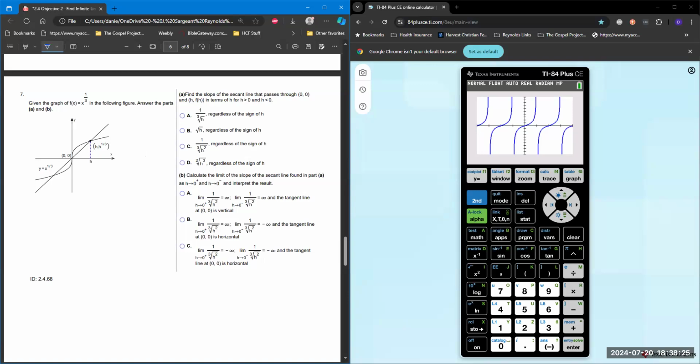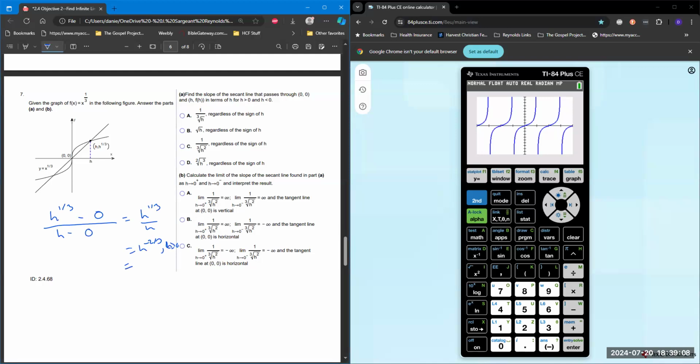So that's going to be y2 minus y1 over x2 minus x1, which is h to the 1/3 minus 0 over h minus 0. This is h to the 1/3 over h, which is h to the negative 2/3. This is when h is greater than 0.